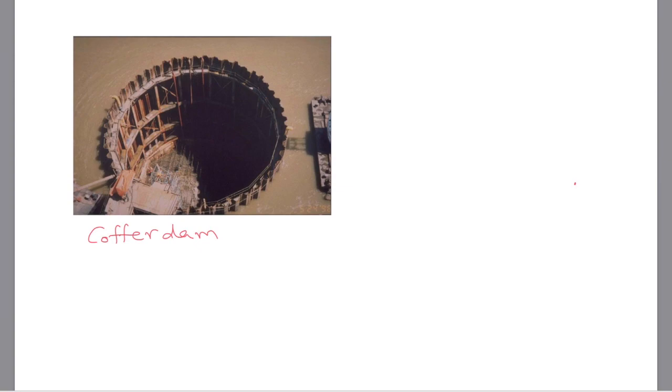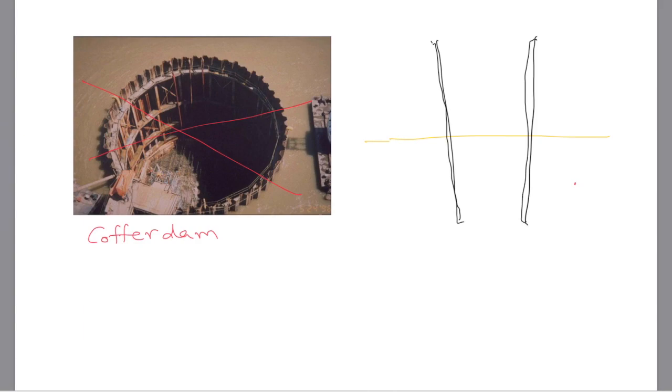So you can see this particular structure is surrounded by water, and let's say if you took this cross section or that cross section, they both are going to behave very similarly. A way to construct it may be that there is going to be a soil layer, and in that we are going to have what are called sheet pile walls. And there is going to be water on both sides.